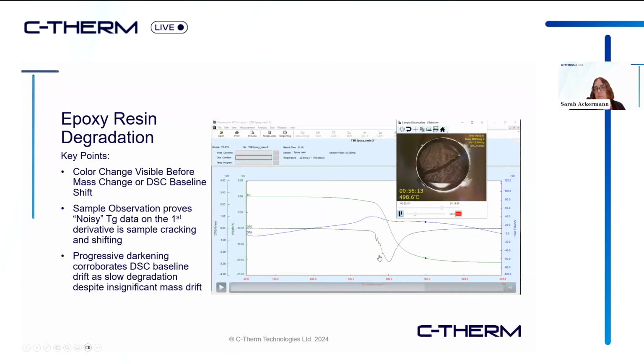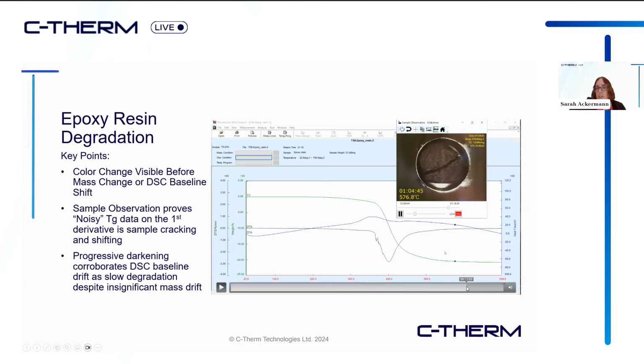Be aware that the non-smooth DTG curve is being caused by physical motion of the sample within the sample pan and the sample holder.